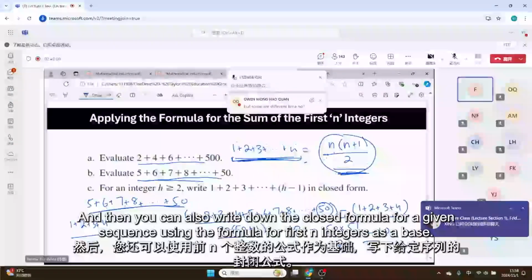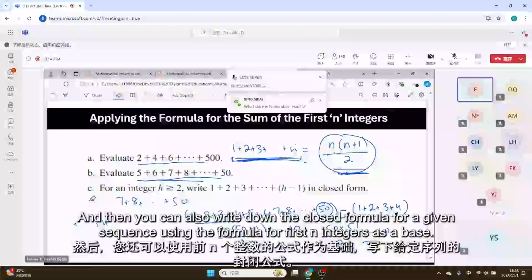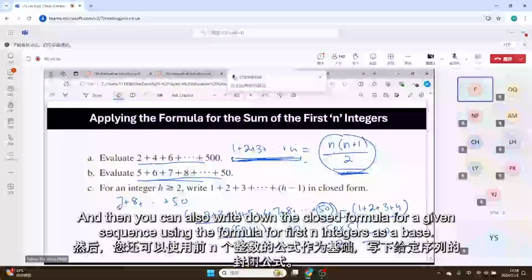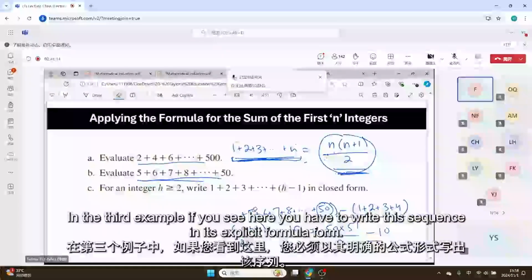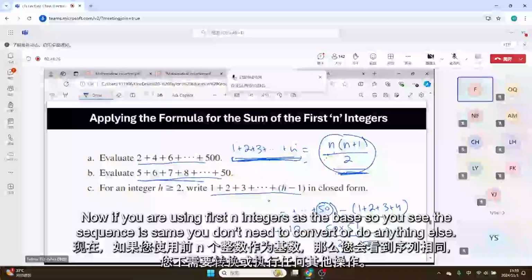And then you can also write down the closed formula for a given sequence using the formula for first n integers as a base. How? In the third example, if you see here, you have to write this sequence in its explicit formula form.